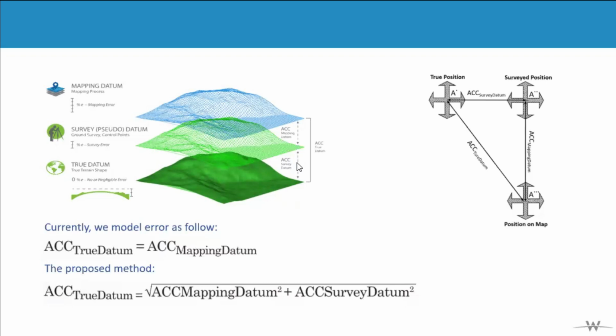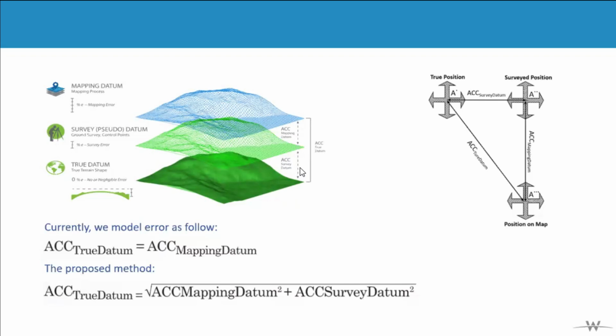That's the capability of the technique they use, whether total station or RTK. That's the one we've been ignoring. We consider this ACC survey datum, between the green mesh and solid green, to be zero in the past, always zero.